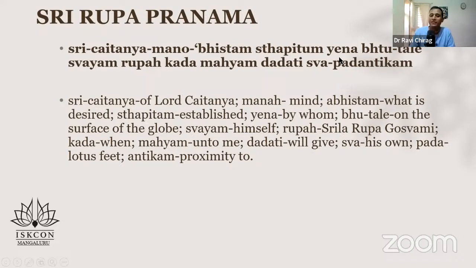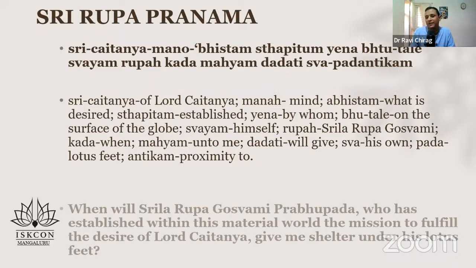Sthapitam Yena Bhutale: sthapitam means established, established on the surface, on the ground, on the earth. Who has done this? Swayam Rupa, Rupa Goswami has done. Mahyam Dadati Swapadantikam: mahyam means me. When will Sri Rupa Goswami allow me to take shelter upon his lotus feet? So that was the Sri Rupa Goswami Pranam Mantra.